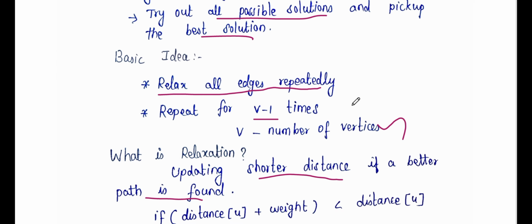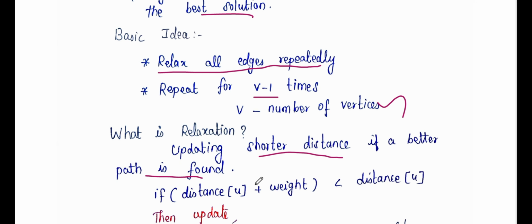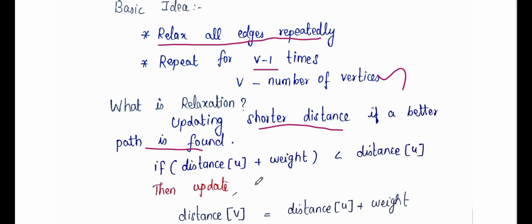Okay. So we examine it with a formula. Very simple formula: if distance of u plus weight is less than distance of v. U and v are two adjacent vertices. Imagine u is here, and this is v, two adjacent vertices connected with one edge.